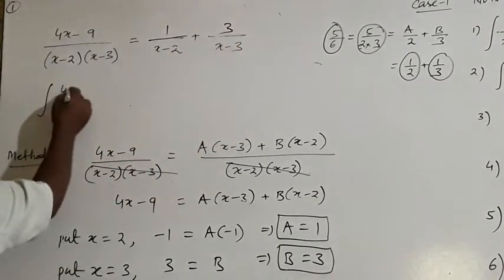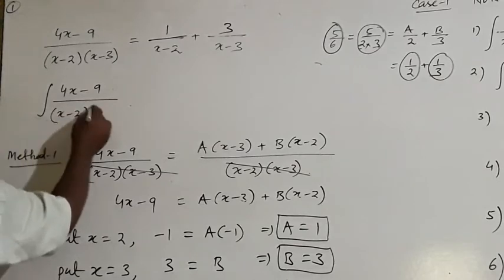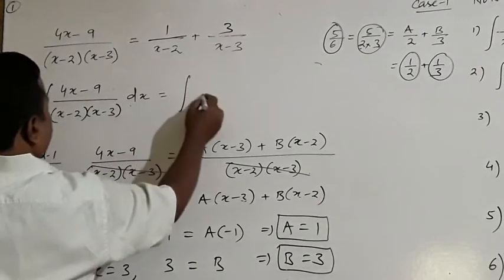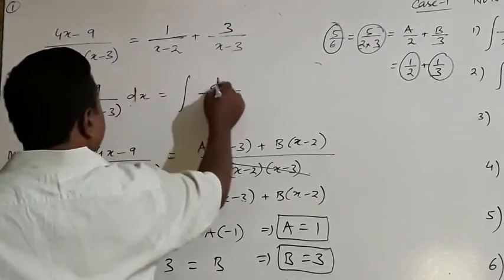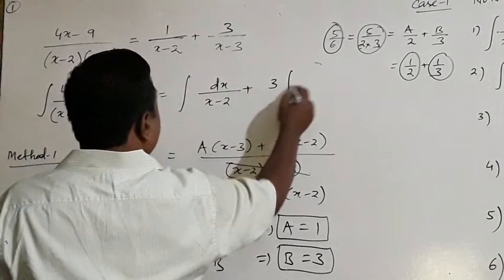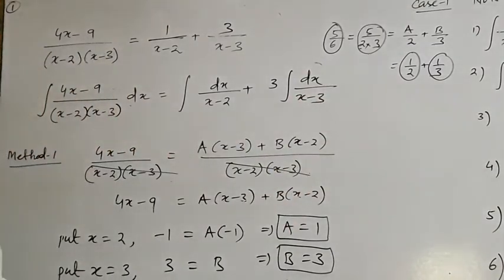Then when I integrate 4x minus 9 by x minus 2 into x minus 3 dx, it becomes integral of 1 by x minus 2 dx plus, b means 3 will go outside, integral of dx by x minus 3.